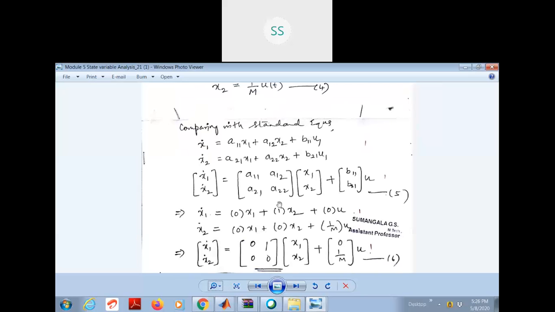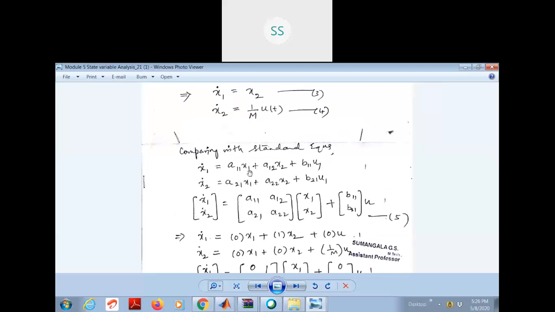Whatever standard equations we have written previously, we will compare those with these 3 and 4. Now I'll rewrite the standard equations to suit our requirement, depending on the number of state variables. I have reduced the dimension of the state equations according to the number of state variables available for this problem.